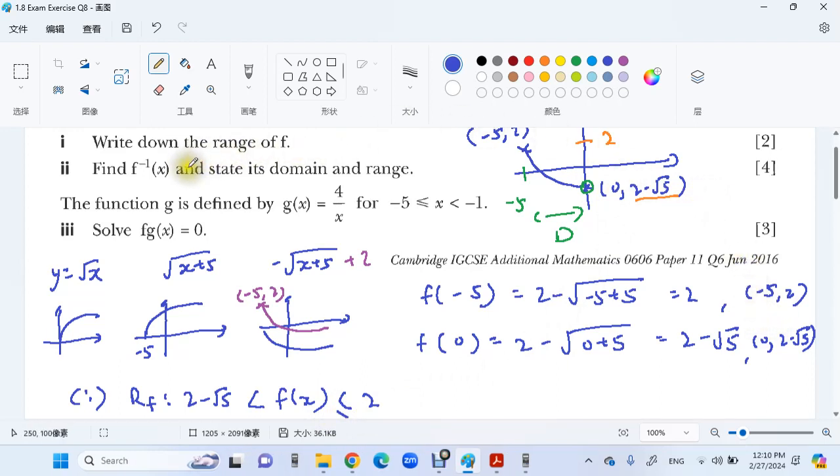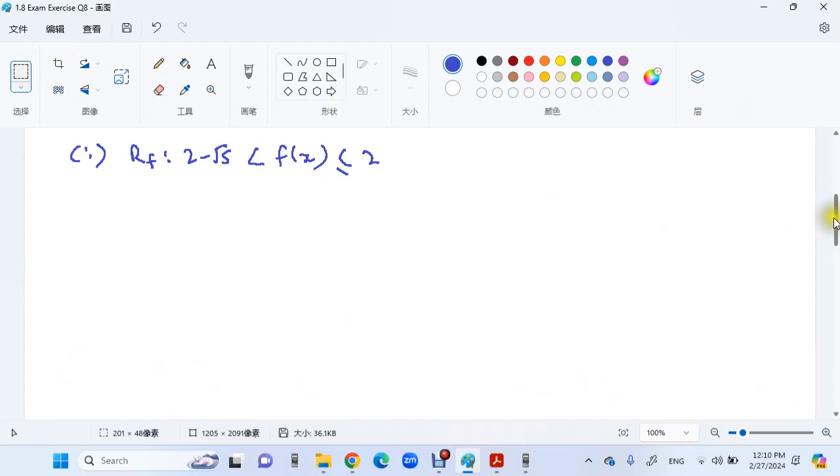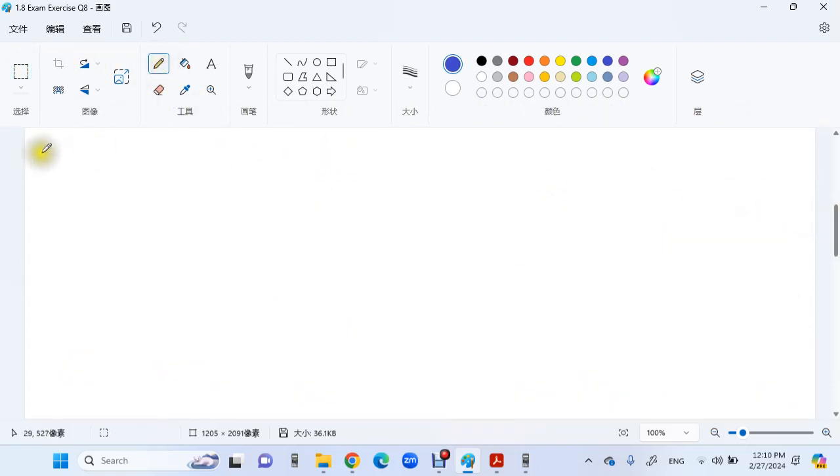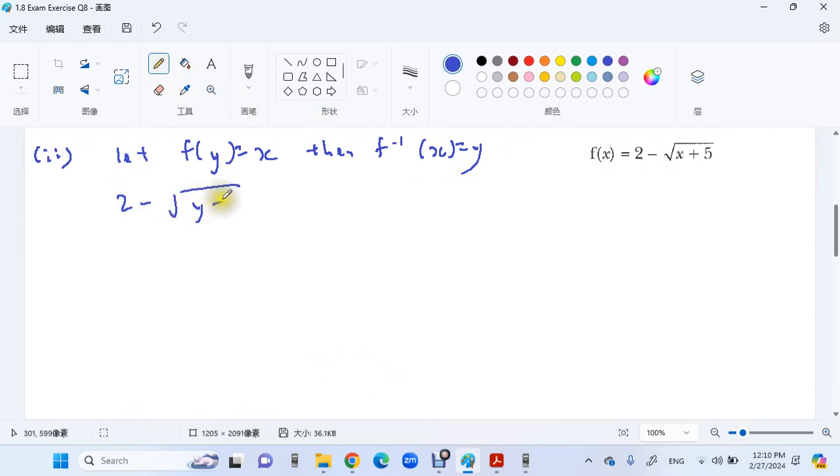Okay, next we need to find the f inverse and state the domain and the range. Okay, so we have f(x) equal to this. Number 2. So let f(y) equal to x, then f inverse of x equal to y. So f(y) is 2 minus square root of y plus 5 equal to x.